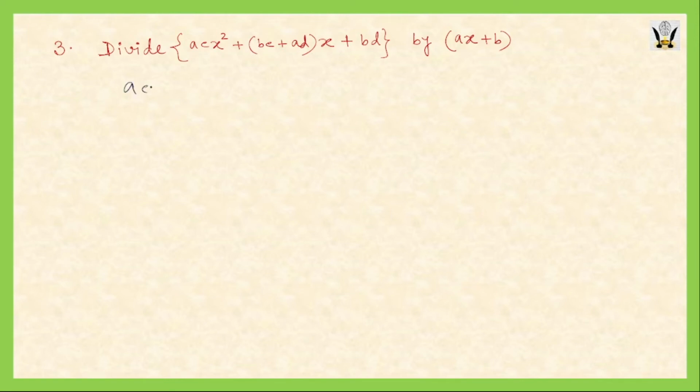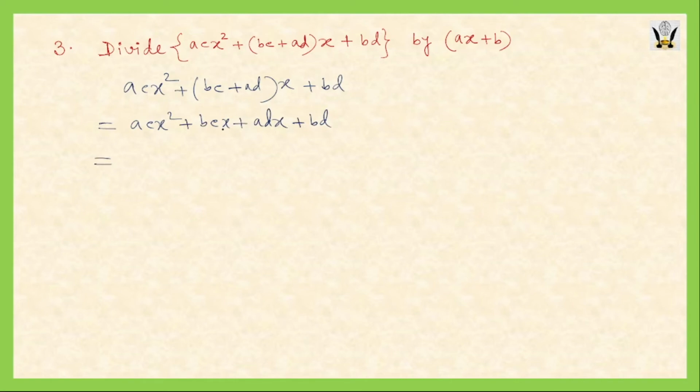So here the expression is acx square plus (bc plus ad) multiplied by x, and then plus bd. Now if we remove the bracket, it will be acx square, then bcx, and then adx plus bd. Now between the first two terms, what we can see is x is common, then c is also common, so that is the highest common factor.